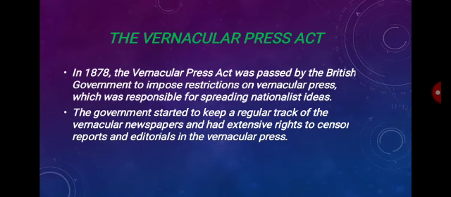And they had a fear that if these press got success, then it will be very difficult for the colonial government to rule over our country. So just to control the freedom of the press, they passed this Vernacular Act.